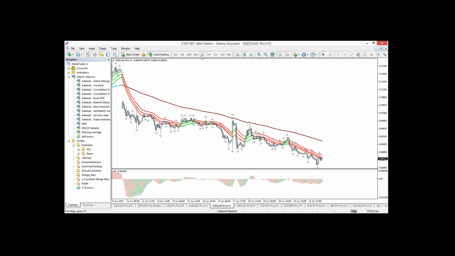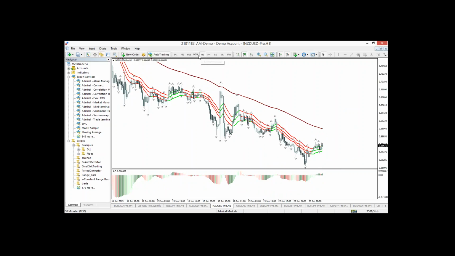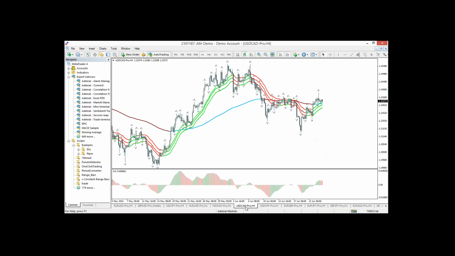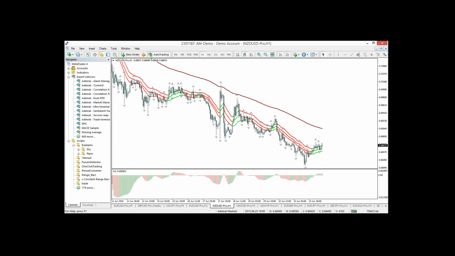But that is a reversal trade, and still needs a lot more time to get that confirmed.